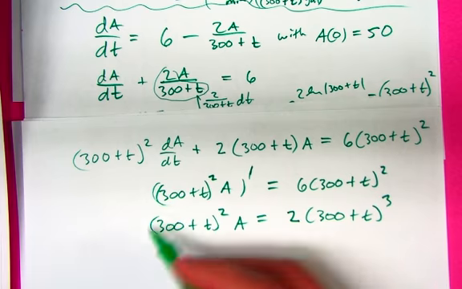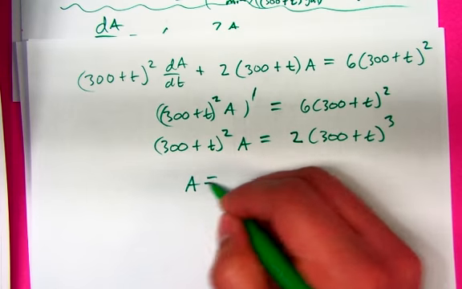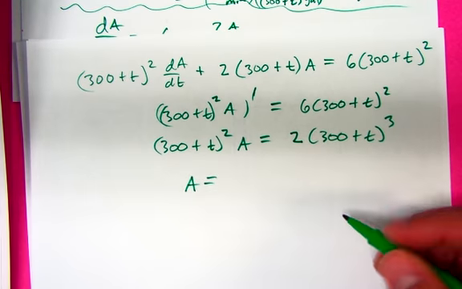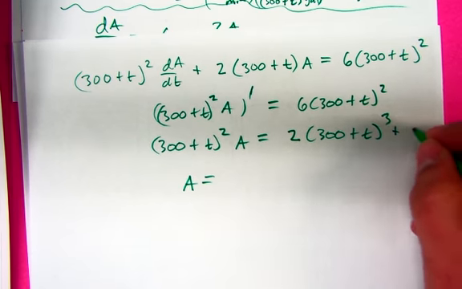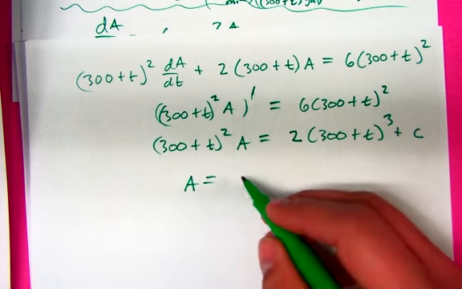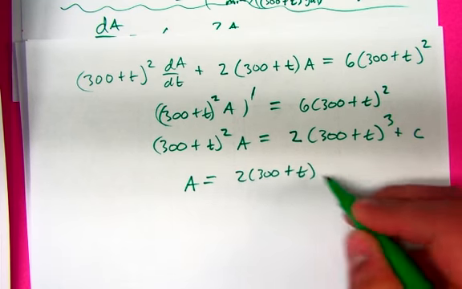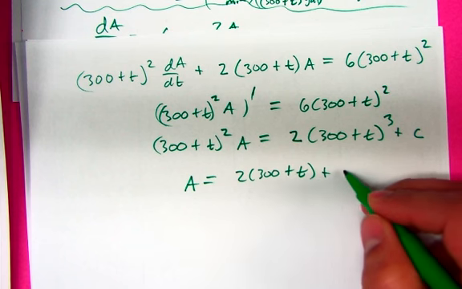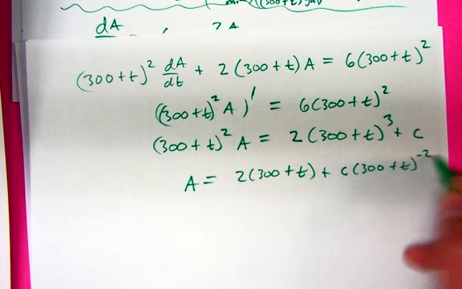We can move this coefficient of A to the right, so that A is going to be, oh, forgot my constant. Don't forget the constant. We move the coefficient over, so then that's going to be 2 times 300 plus t to the first, plus c, and then 300 plus t to the minus 2.